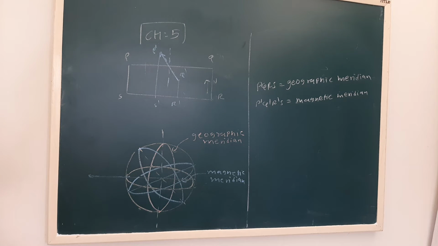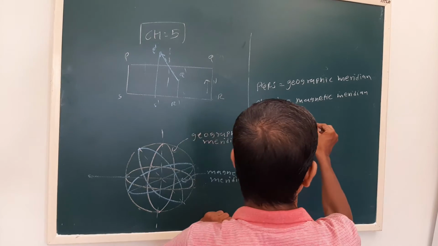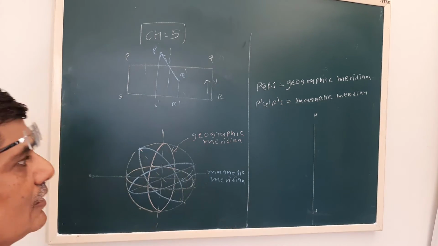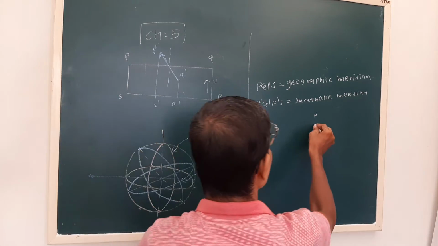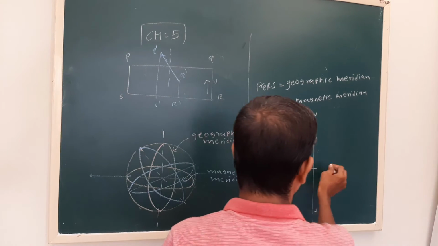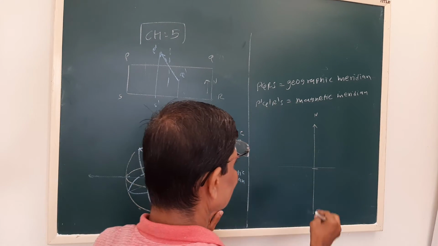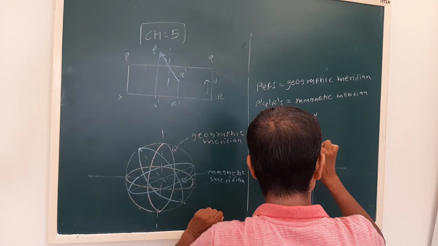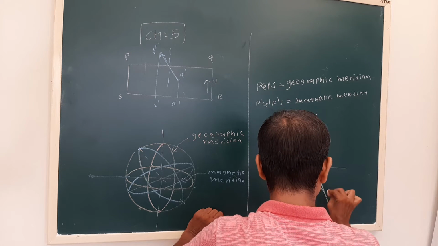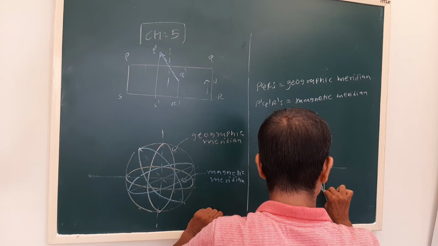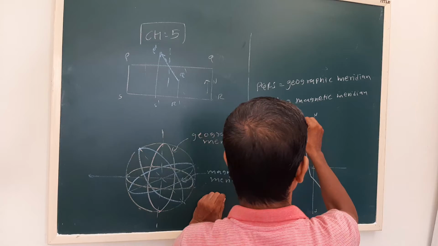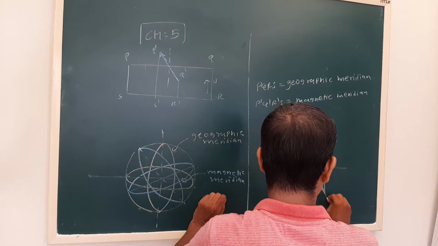Now see, at any place, this is our local north and south. This is how we represent. Now at any place we keep a magnetic needle, it will be inclined, like this. Now this is our magnetic north and south.